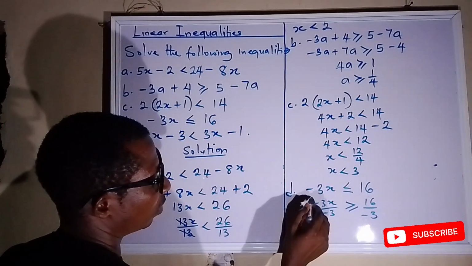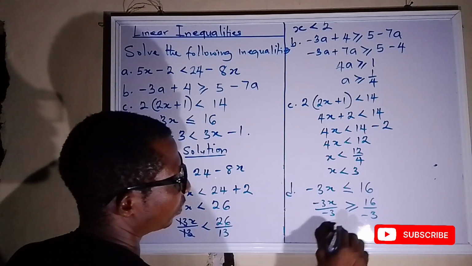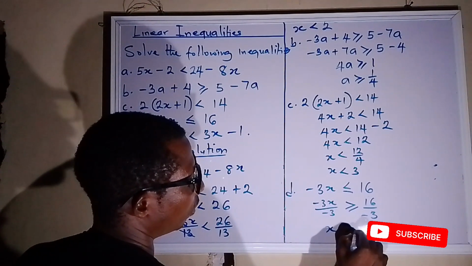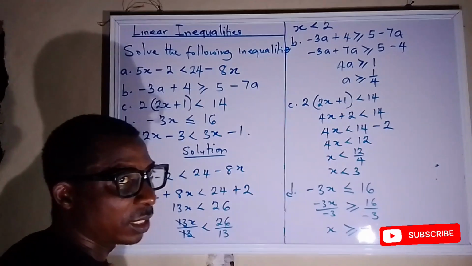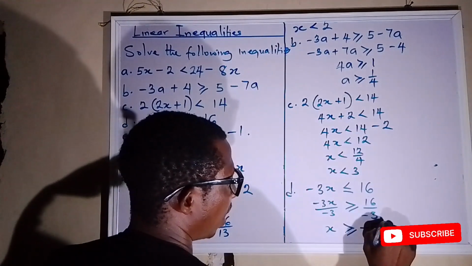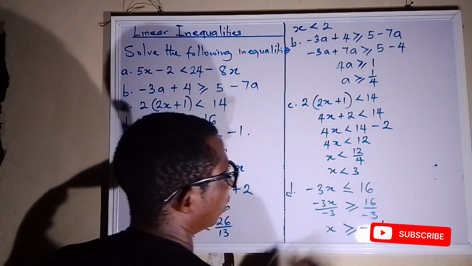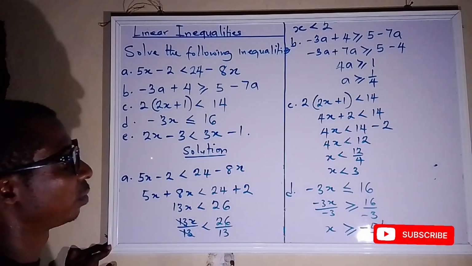Alright, so minus 3 cancels minus 3, we have x greater than or equals to minus, how many 3s are you going to see in 16? That is 5. It remains 1 over 3. So that is the answer to D.